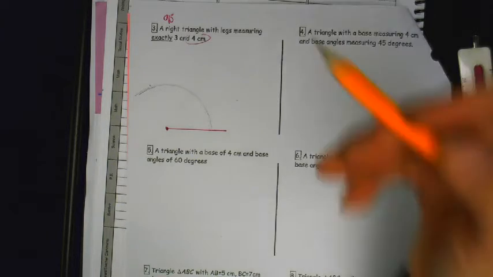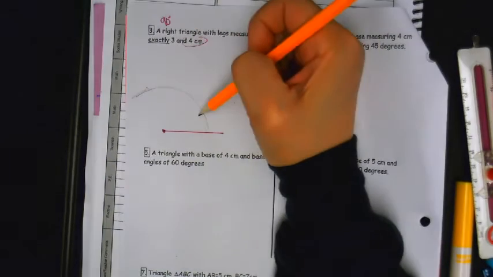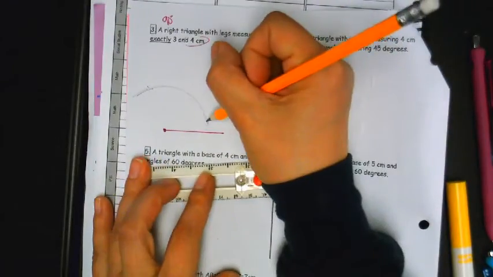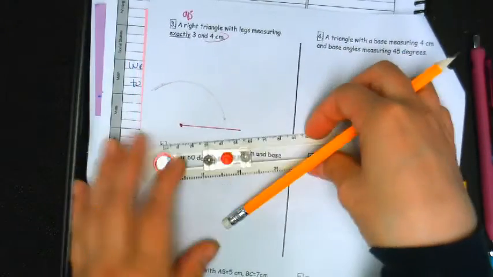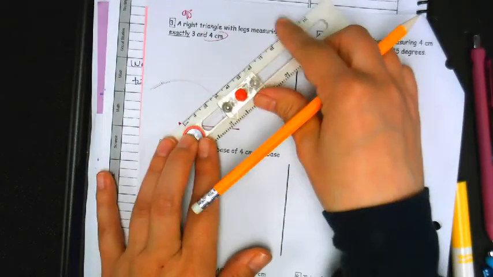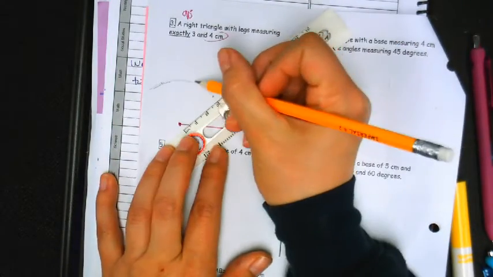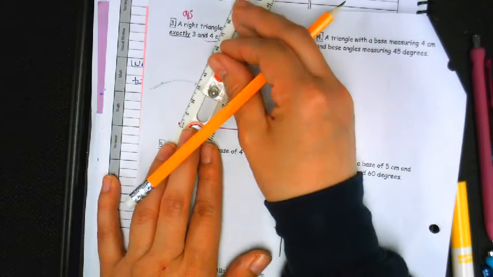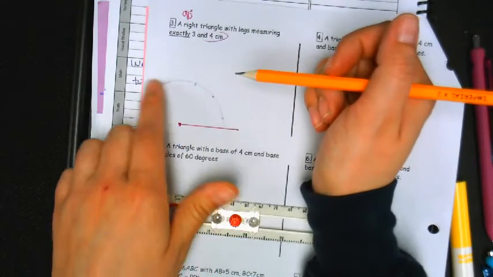So this semicircle is 3, right? If I connect it here, it would be 3. If I connect it here, this would be 3. Anywhere on this line, it would be 3 centimeters.